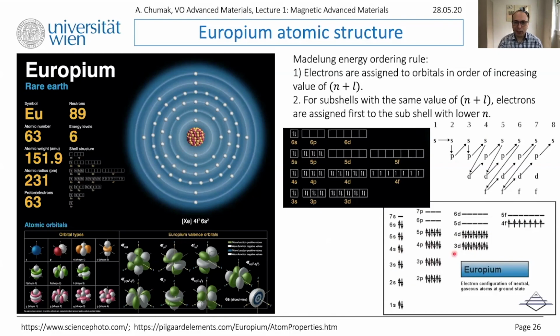You just need to keep in mind how you fill your energy levels, because it's related to the question of ionization. When we talk about the magnetic properties of lanthanides, we usually talk about 3+ ions. So out of your atomic structure, you need to remove 3 electrons.